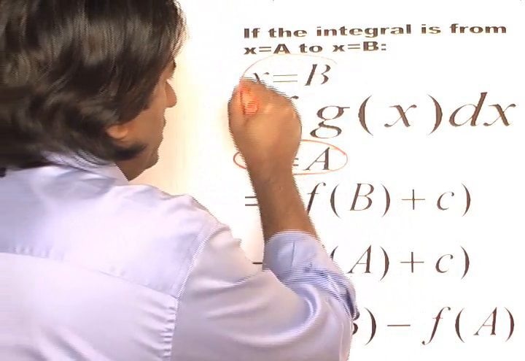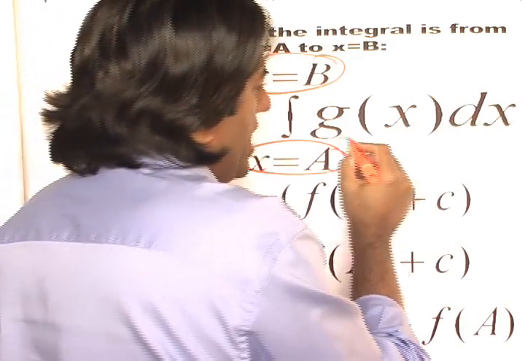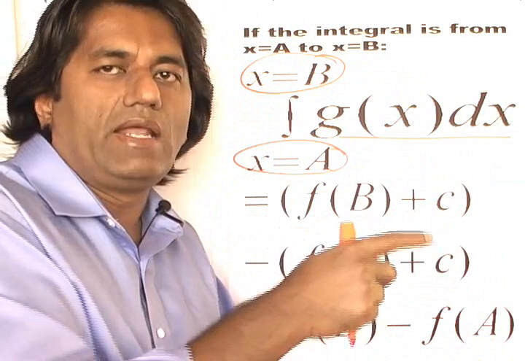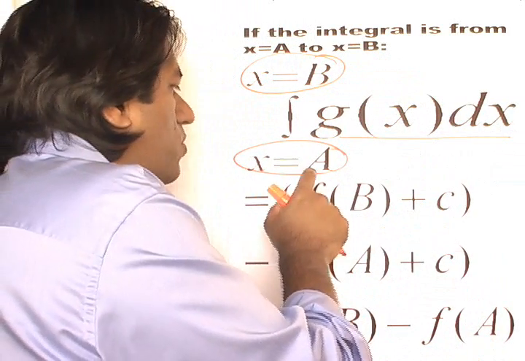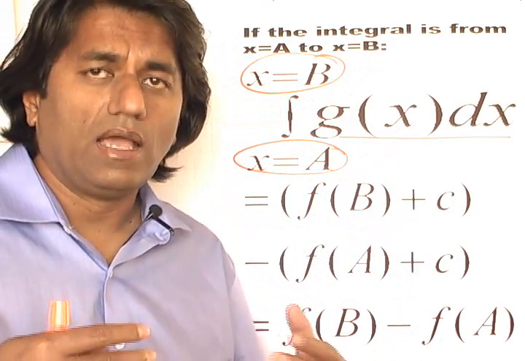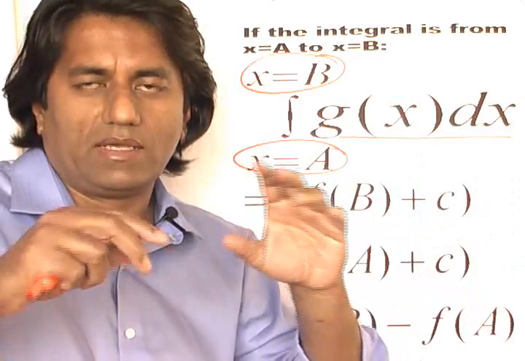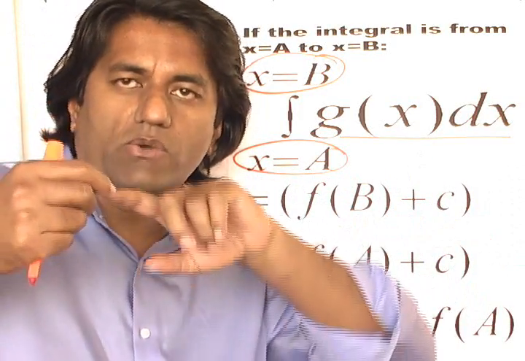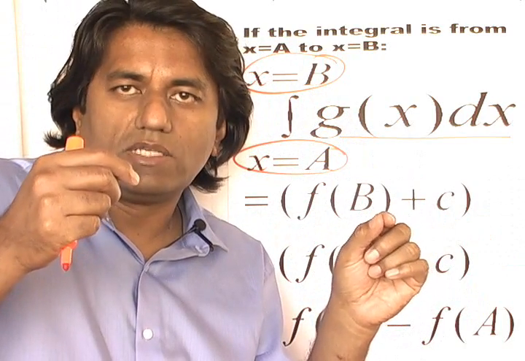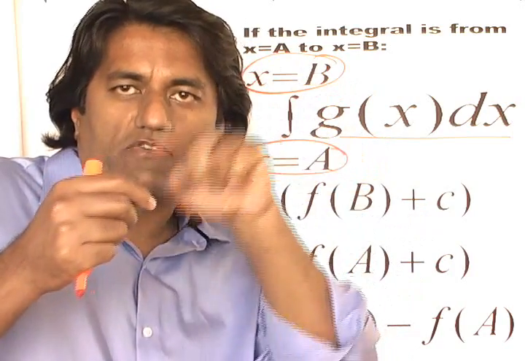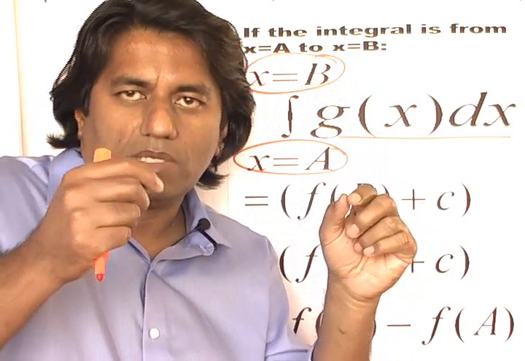For example, here you're integrating g(x) dx from the point where x equals capital A to the point where x equals capital B. On the curve you can visualize it easily: you have a point x equals A, the curve, and the other point x equals B, and you're trying to find the area between them.